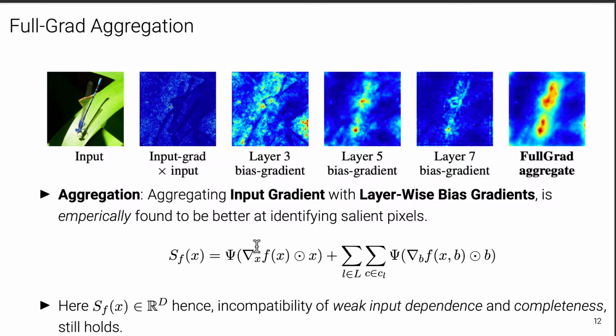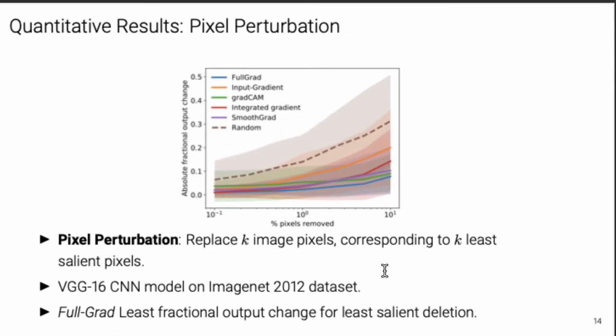The author argues that empirically this is a good post processing algorithm, based on some metrics that he presents. So the two metrics that the author says justify this post processing step are, for example, the pixel perturbation test.